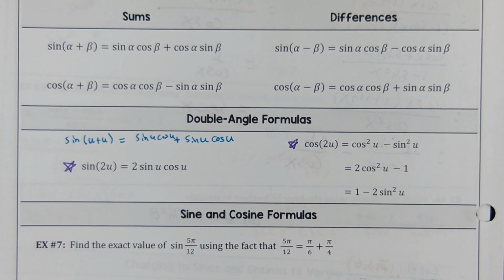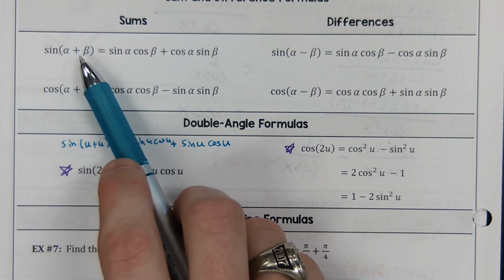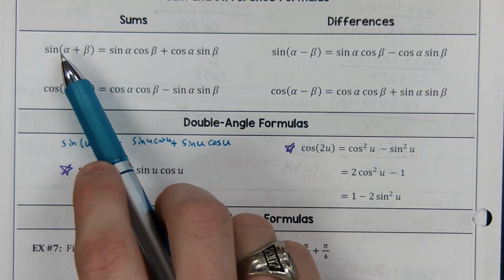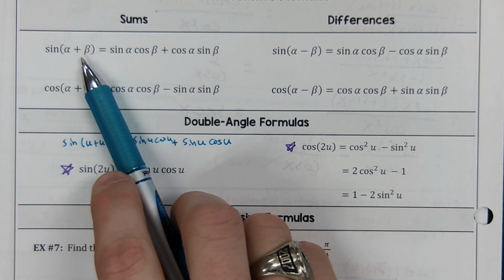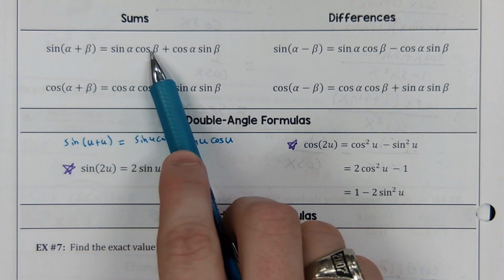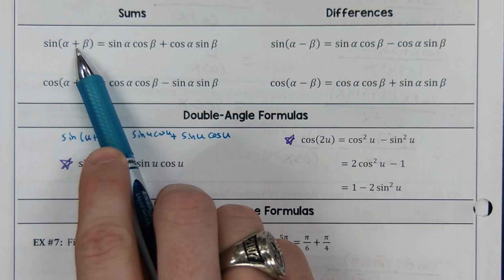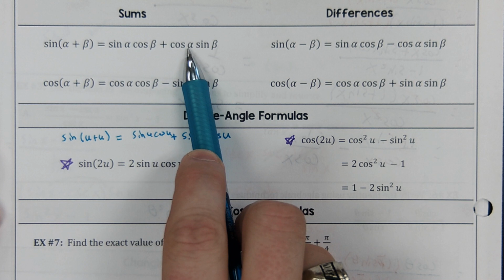And here's what this tells me. The sine sum identity, because this is the sum of two different angles. This could be like sine of 20 degrees plus 30 degrees. Requires me to put sine and cosine together, use the same symbol that I had here, and then put sine and cosine again together, but in the opposite order.